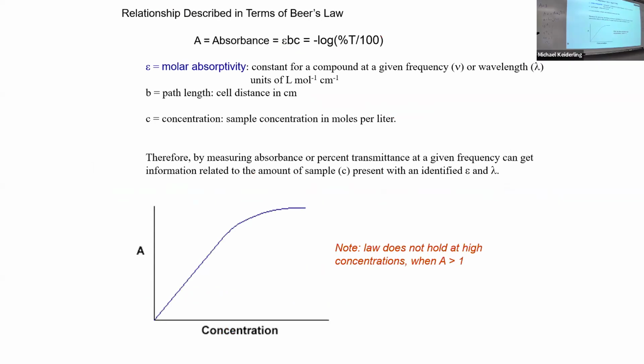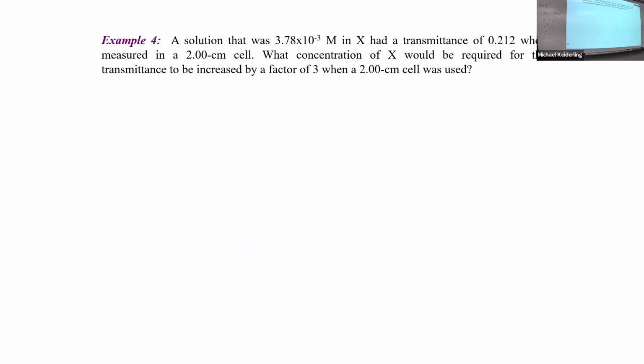But yeah, so this is absorbance. Absorbance is what is proportional to epsilon B concentration. So if you have a problem that gives transmittance, you have to convert to absorbance, like here. Here we have a transmittance, and we want to increase the transmittance by a factor of 3.